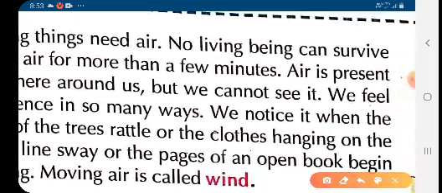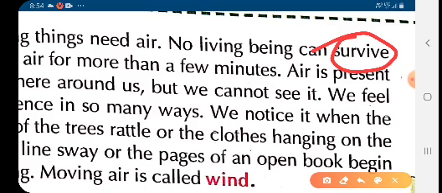If there is no air, nobody will be able to live. So no living being, whether it is plant, animal or human being, will be able to survive if there is no air. We can live without food and water for some days, but without air we cannot live even for a few minutes.